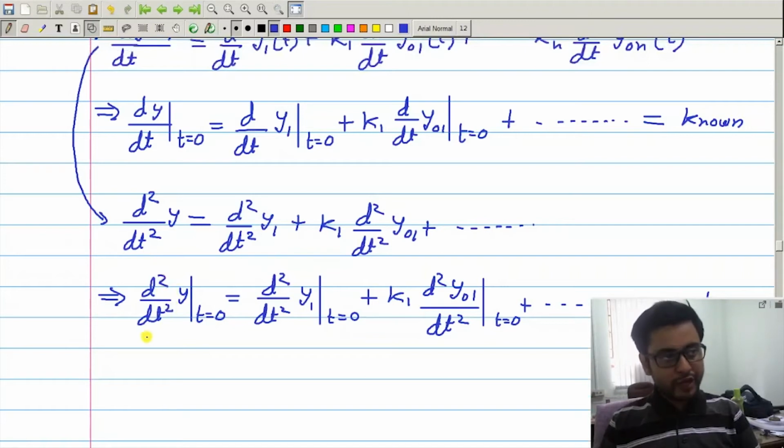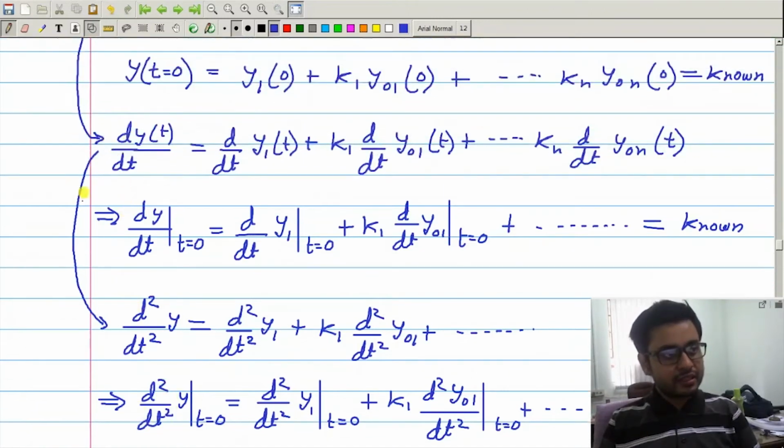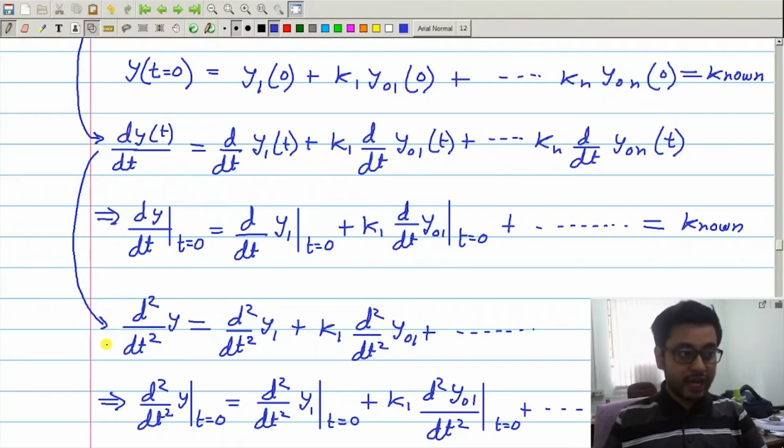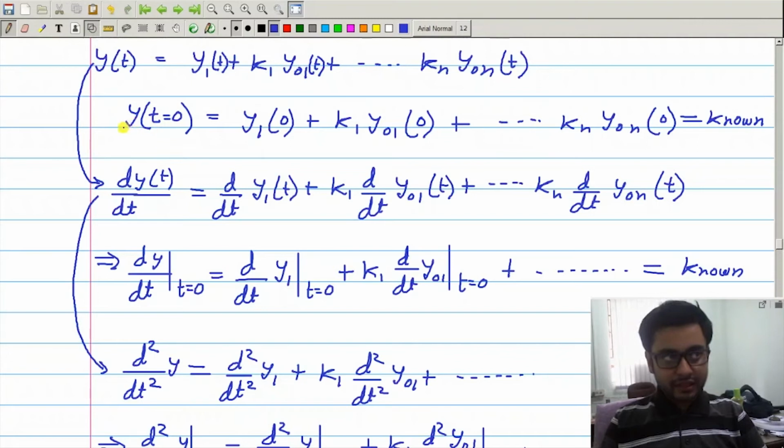So in this way you can differentiate this equation n minus 1 times and put t equal to 0, and then you will get one equation here where k1, k2, kn are unknowns and everything else is known.